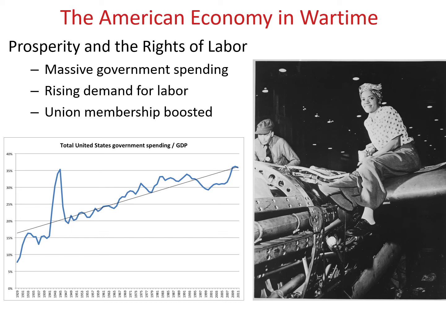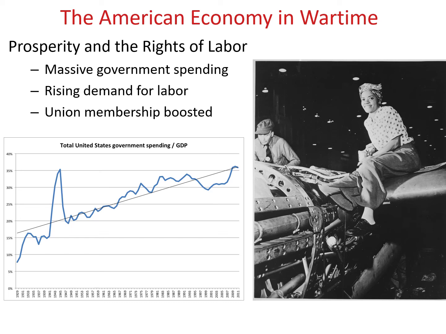Okay, sharp transition here to union membership going up because there were a lot more jobs, because we were manufacturing stuff. We were making ships and planes and everything that was needed to fight World War II long before we were actually physically in it. And then once we were in, even more production ramped up.